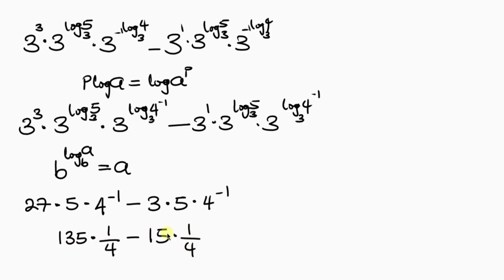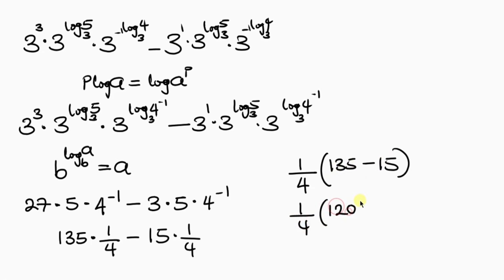1 over 4 is common, so I can actually isolate it, which is to factorize it. Now, 135 remains, minus 15 remains here. And when we subtract, we have 1 over 4 times 135 minus 15, which is 120.